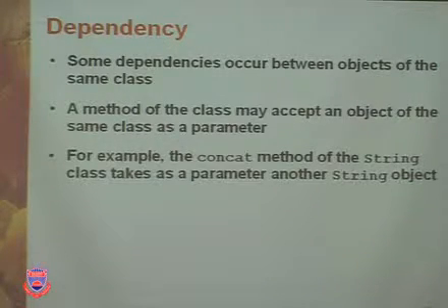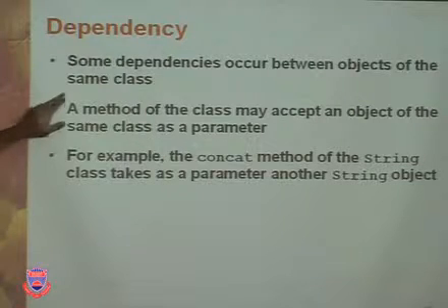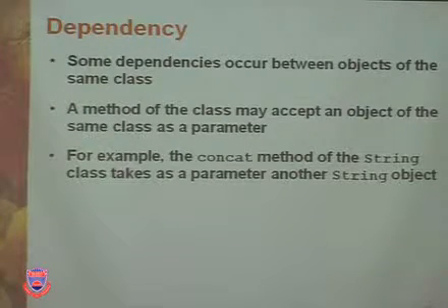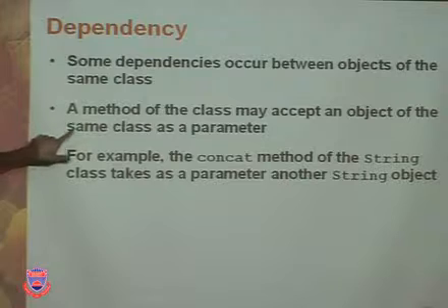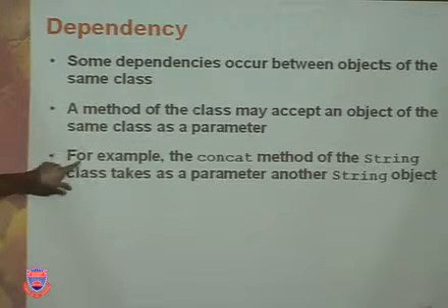If you consider dependencies, we have dependencies between objects of the same class. An object's method may depend on an object of the same class type, and this is also a type of dependency. For example, a method of the class may accept an object of the same class as a parameter.